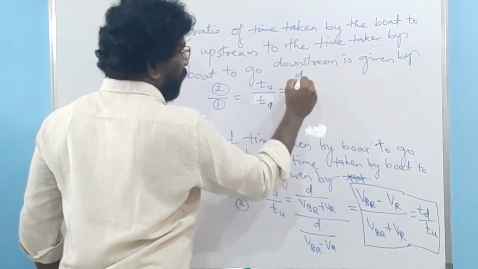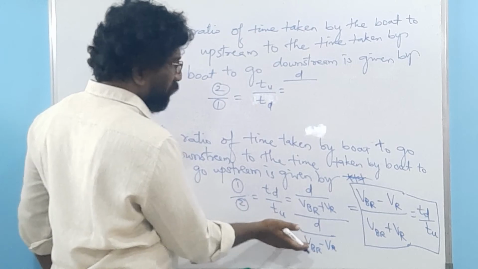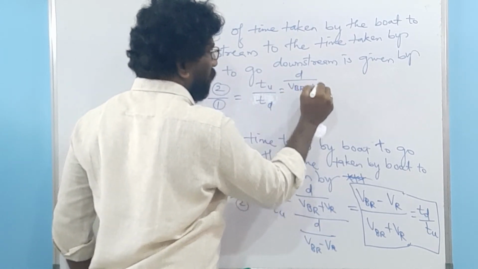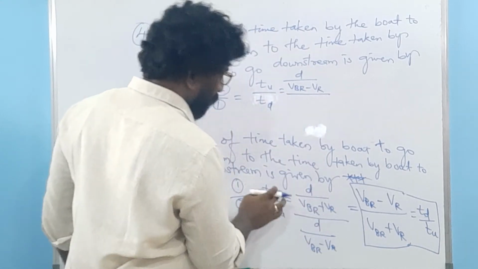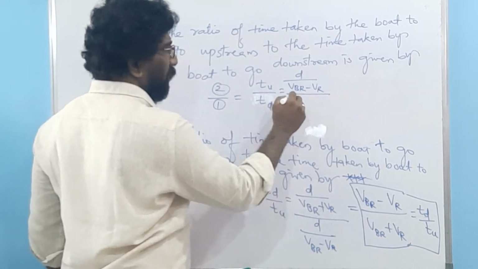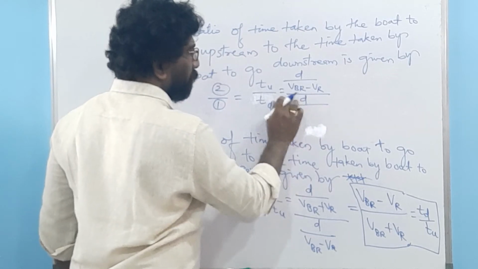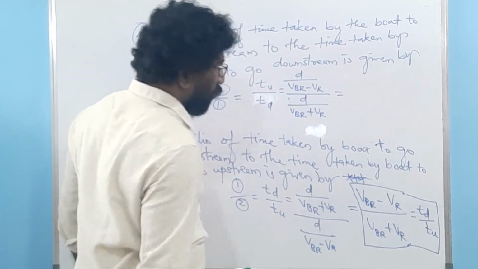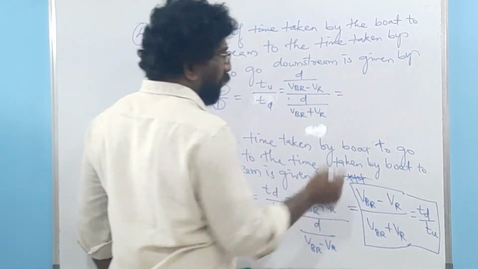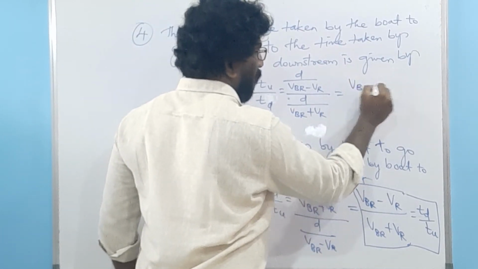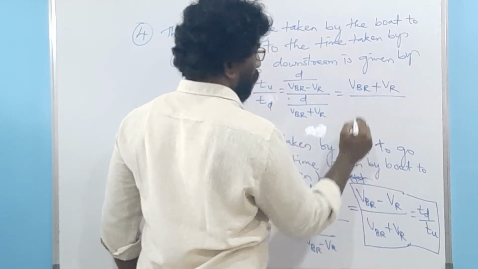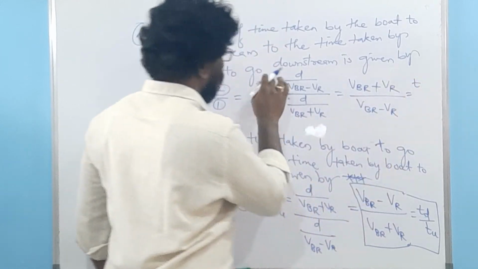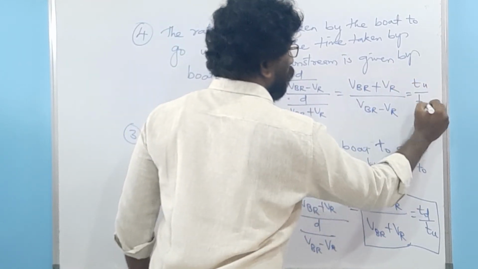For upstream it is D over VBR minus VR, divided by, for downstream, D over VBR plus VR. If you do the mathematics over here, you will come up with a formula VBR plus VR over VBR minus VR, that is equal to upstream to downstream.